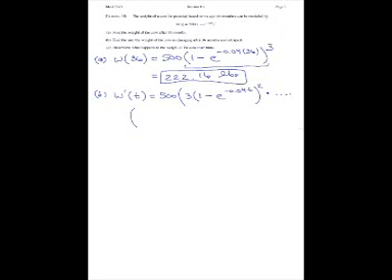The derivative of 1 is 0. The derivative of negative e to the negative 0.04t is negative e to the negative 0.04t. Now for that one, because the exponent was not just t, I have to chain on yet another derivative. So we're going to chain on the derivative of the exponent, which is negative 0.04.